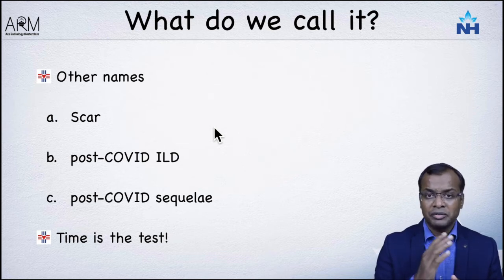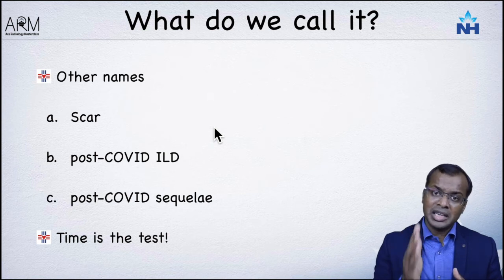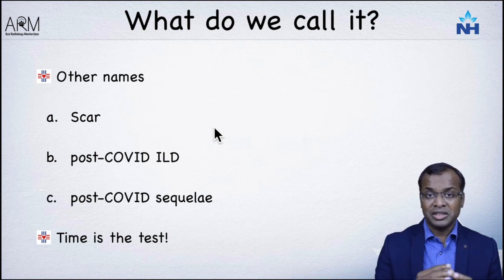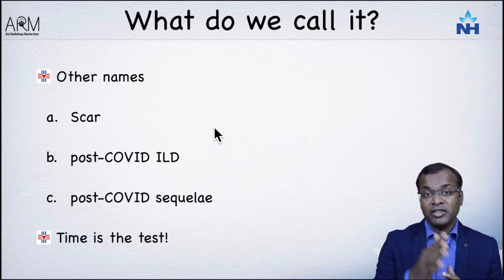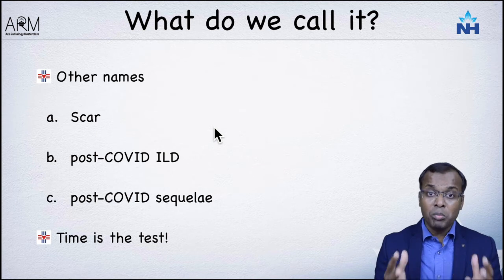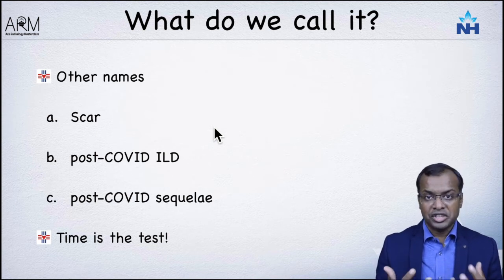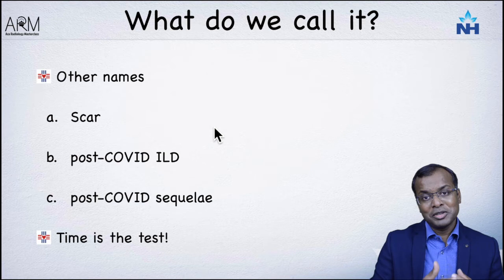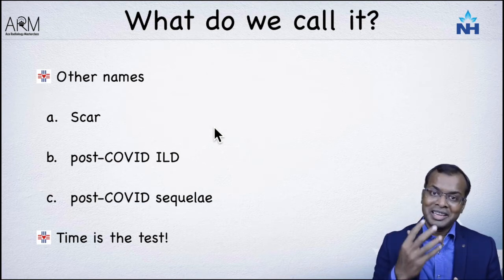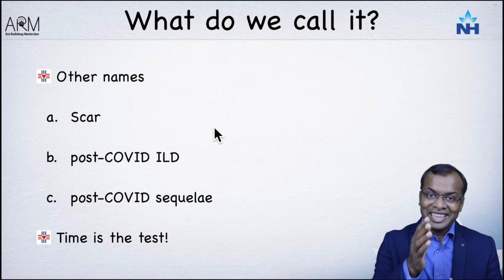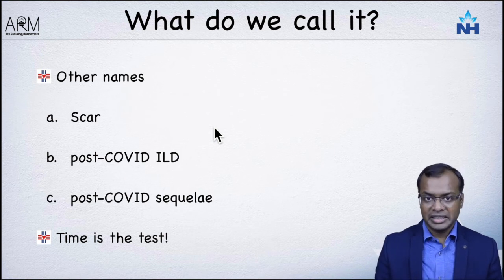For example, if you start testing patients after, let's say, 4 weeks of their discharge, you will find these changes. If you fast forward and do it after 4 months, do you find these changes or not? And what happens to them after 6 months or maybe 12 months, which is where it becomes important that the timeline is defined.